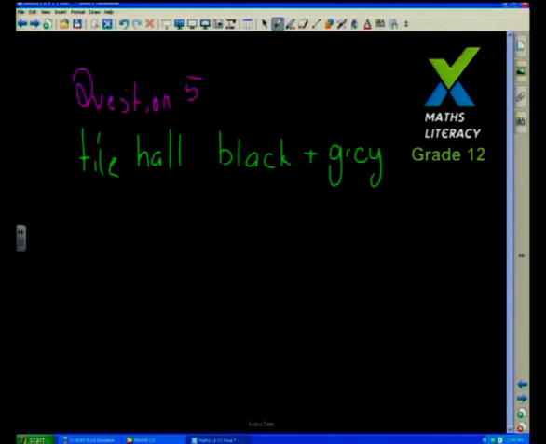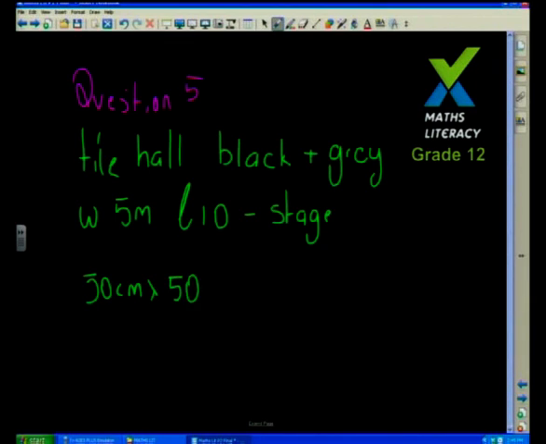The width of the stage is 5 meters and the length is 10. The stage is not going to be tiled. The size of a square tile is 50 centimeters by 50 centimeters. The school needs to calculate how many tiles to buy.